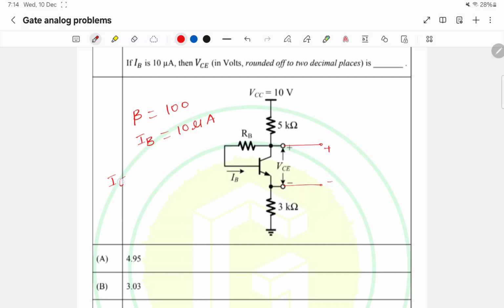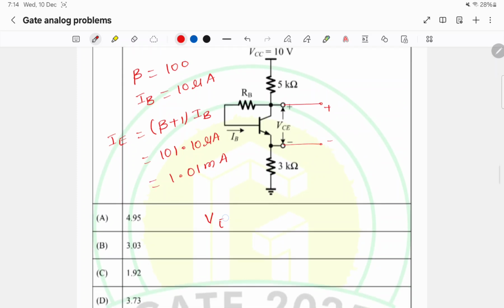From this we can find IE, which is beta plus 1 times IB, 101 times 10 microamp, that is 1.01 milliamps. So VE is IE times 3 kilo ohms, 1.01 milliamps into 3 kilo ohms, that is 3.03 volts.